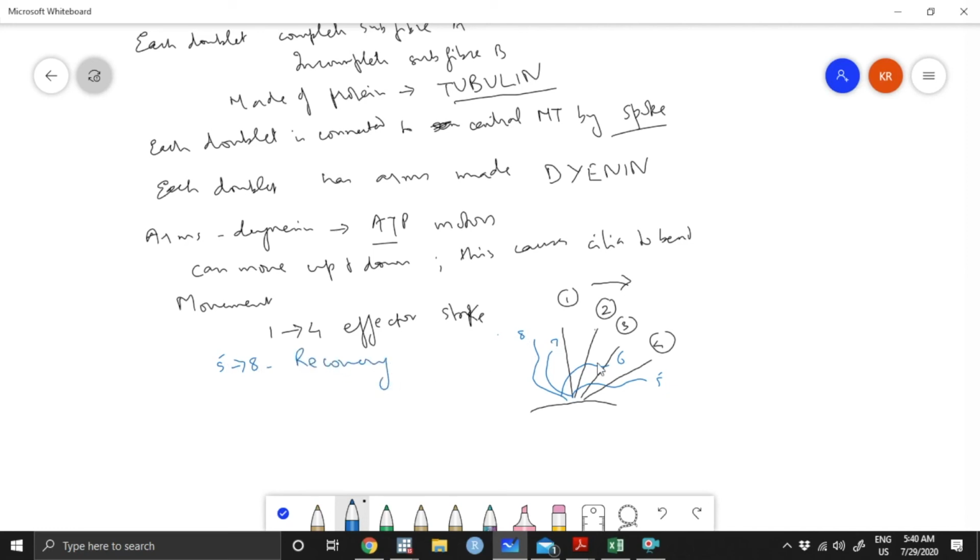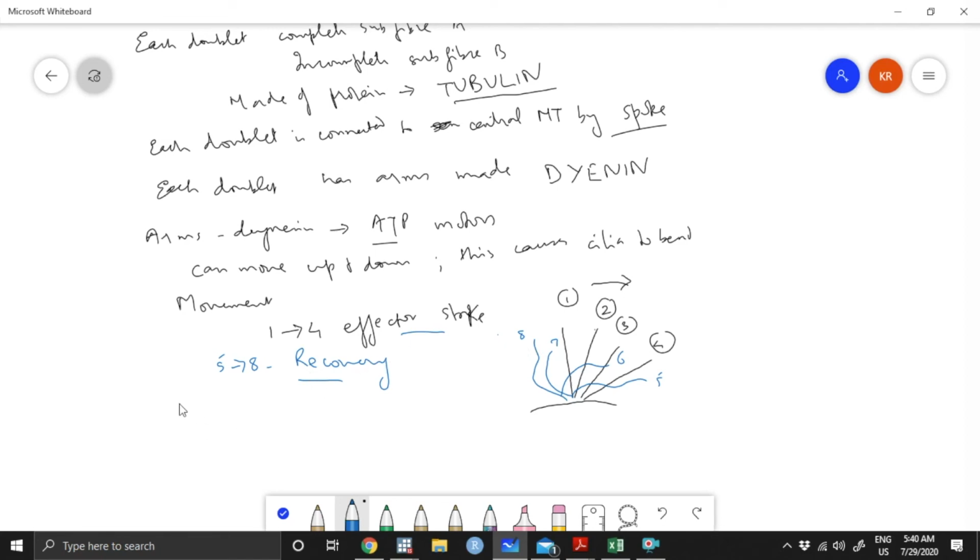So there is the effector stroke and the recovery stroke. The effector stroke is powerful. At that time the cilium is flat and straight, but when it is recovering it can become limp.